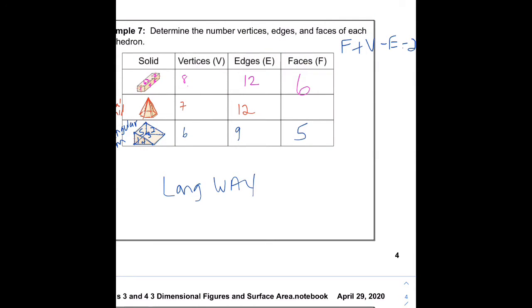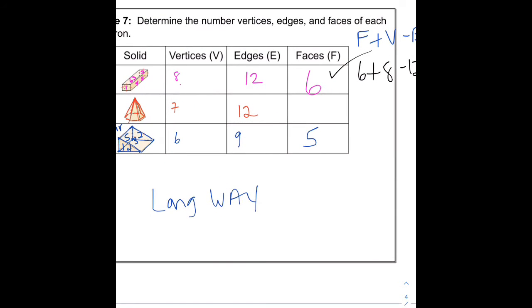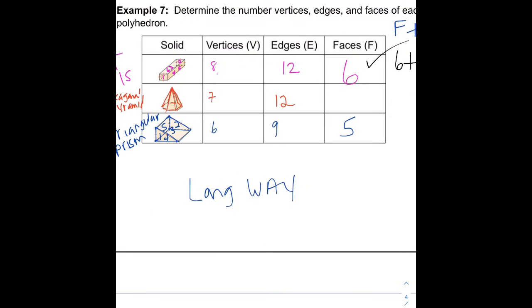If I have 6 faces plus 8 vertices, that's 14, minus 12 edges, I get 2. Let's look at it for the hexagonal pyramid. I think I forgot to write that in there. I think we forgot to do faces. We have 1, 2, 3, 4, 5, 6, 7 faces.